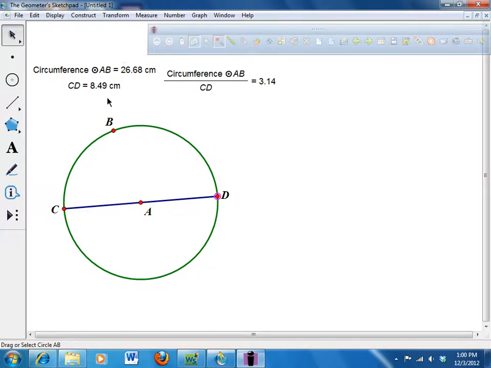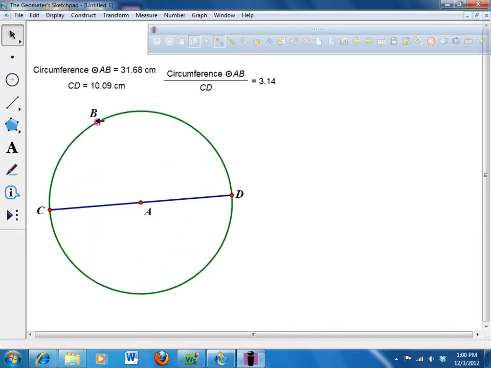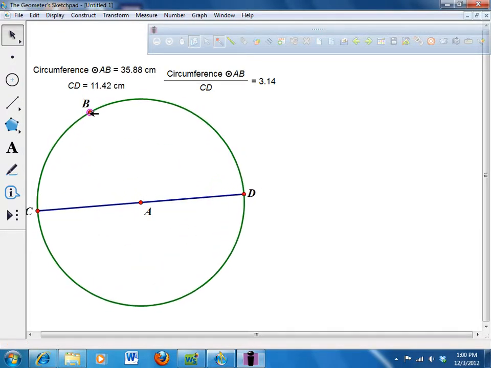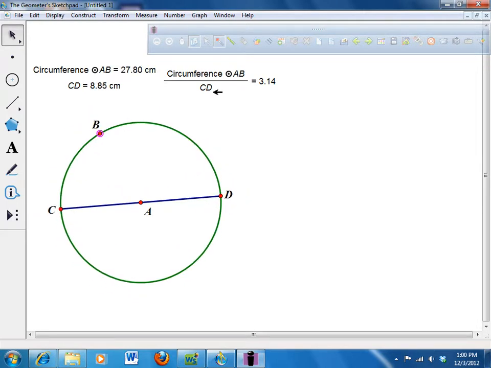That's because these numbers are rounded off, right? So if I went to more decimal places, which I'm going to show you in a minute, I get more digits of pi. And notice that if I change the size of this circle, the circumference changes and the diameter changes, but the ratio of the circumference to the diameter stays the same.